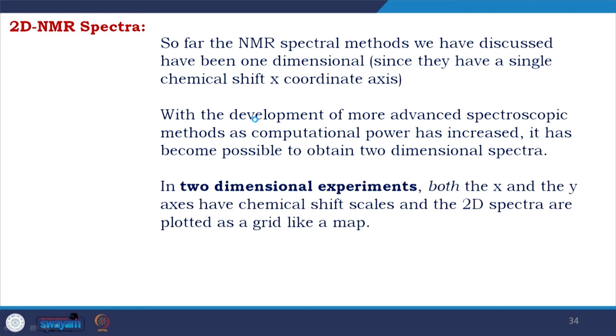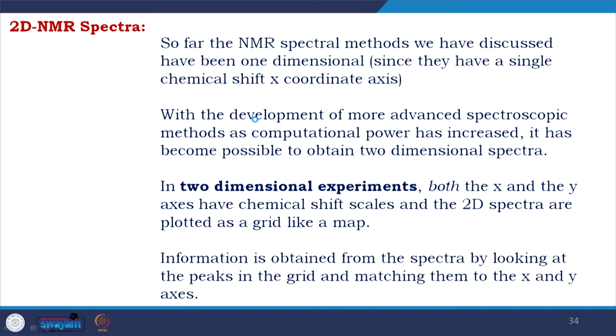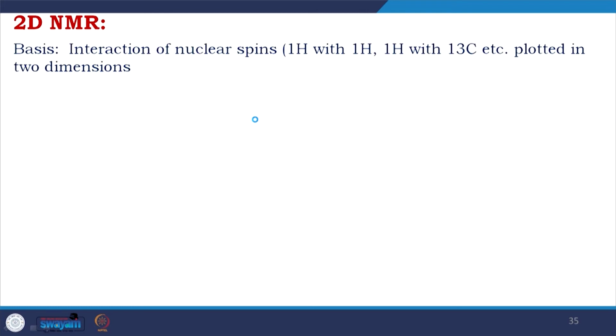In two-dimensional experiments, both the x and the y axes are chemical shift scales and the 2D spectra are plotted as a grid like a map. Information is obtained from the spectra by looking at the peaks in the grid and matching them to the x and y axes. So, the basis of 2D NMR is interaction of nuclear spins, 1H with 1H, 1H with 13C, etc., and not 13C with 13C, right.